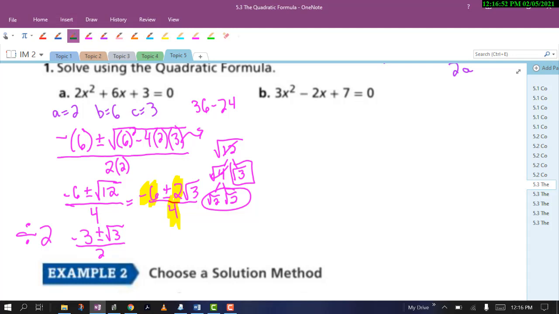Let's look at this next one, same idea. A equals 3, B equals negative 2, and C equals 7. Substitute them in.